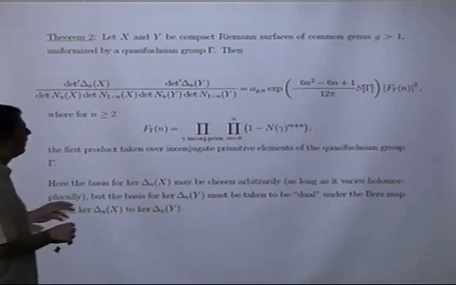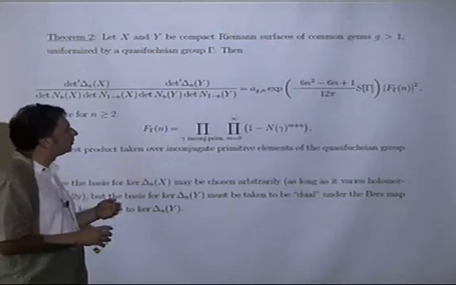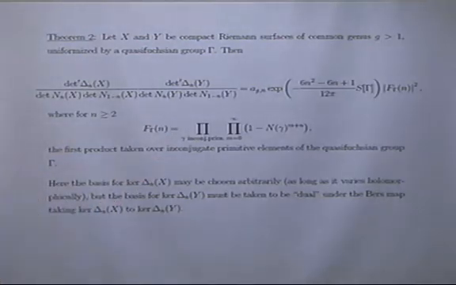But as to how it transforms with respect to the fundamental group of the Schottky space, I don't know. That'd be very interesting to know, because of course the Dedekind eta function in genus 1 has very nice holomorphic properties. So it's a great question. I don't know the answer.